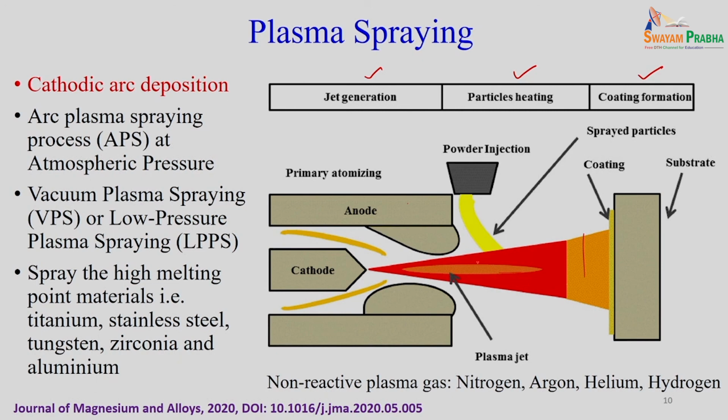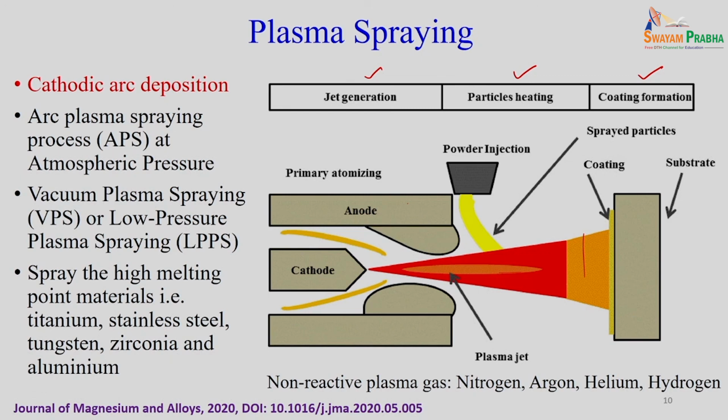So, this is the plasma jet. Because it is coming through the cathode, you call it cathodic arc deposition. Basically, because of the arc, a very high temperature is generated so that this plasma is formed, and the material which we are going to coat comes in the plasma and gets coated on your substrate.